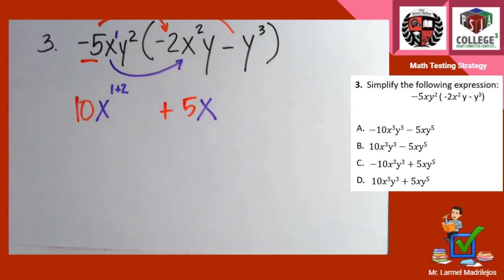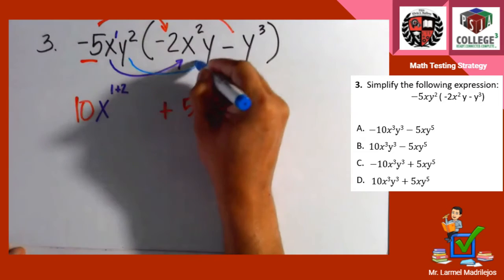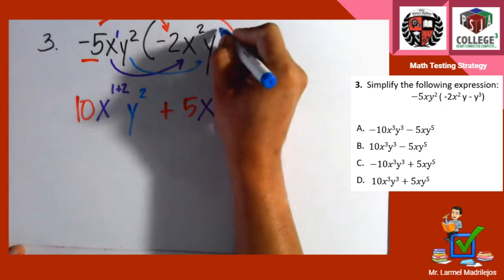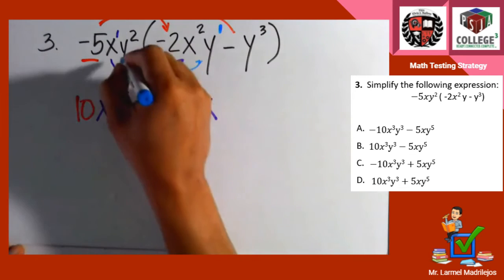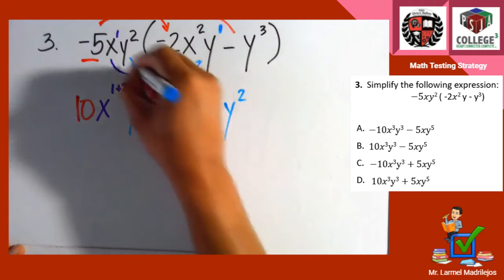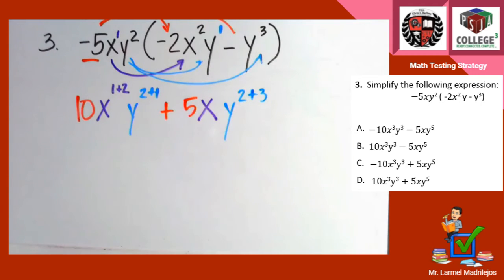Next will be the y square. I'm going to distribute my y on this. So it's going to be y, so 2. I don't see any y there, it's just 1 plus 1. And then I'm going to distribute the y here. It's going to be y to the 2, and that 3 there, plus 3. So let's solve the process here.